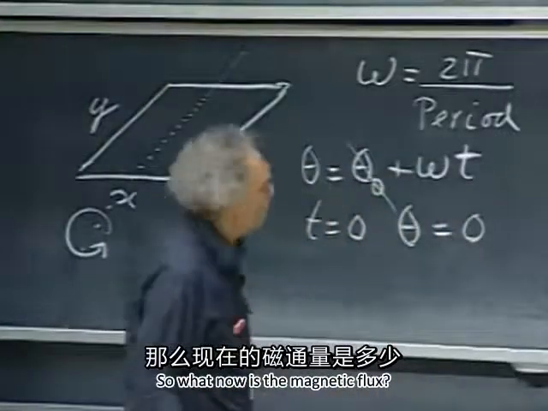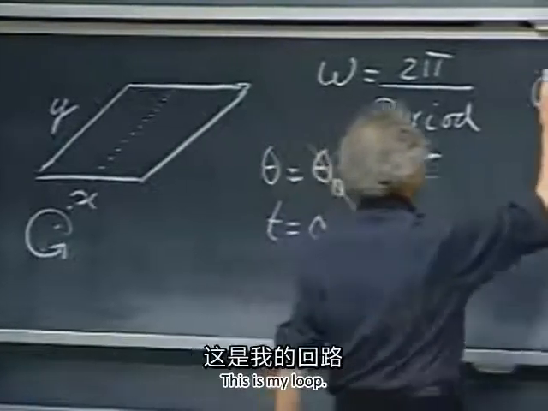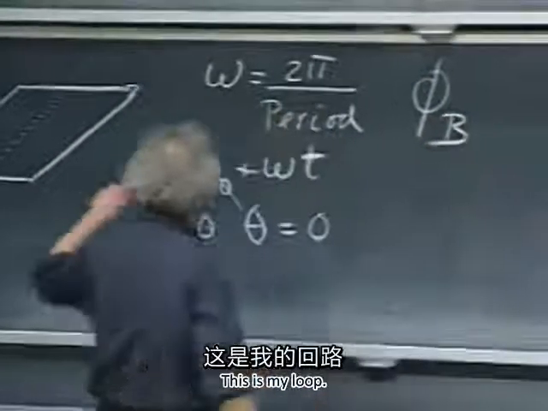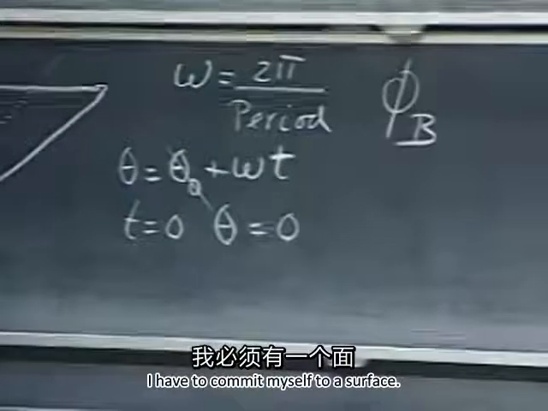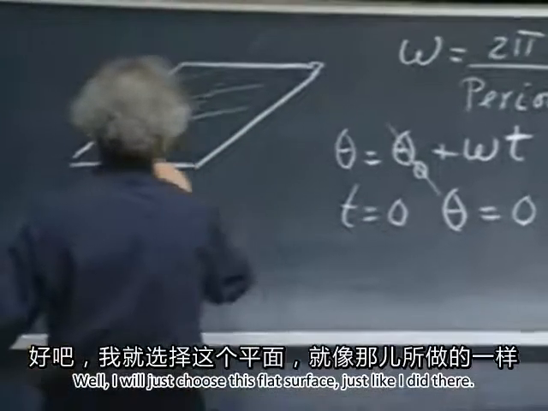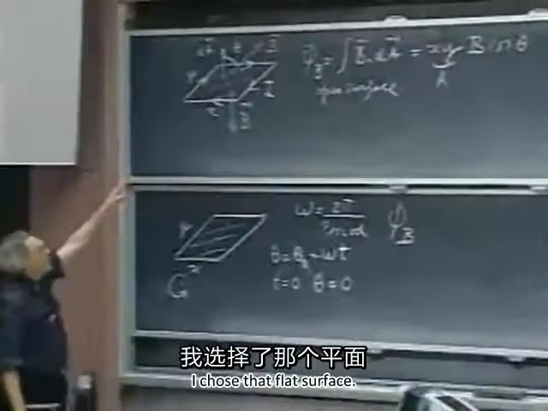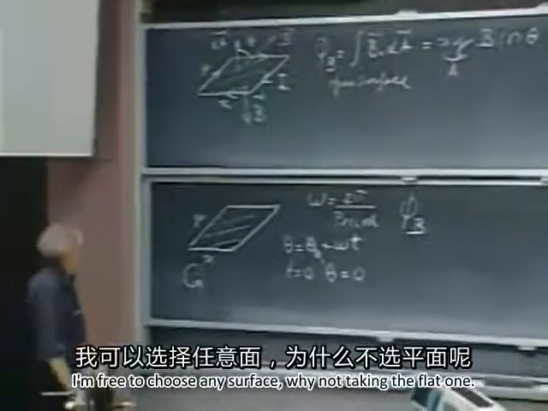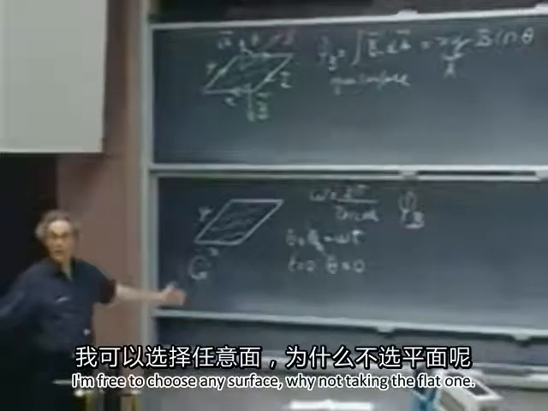So what now is the magnetic flux? This is my loop. I have to commit myself to a surface. Well, I will just choose this flat surface, just like I did there. I'm free to choose any surface. Why not take the flat one?